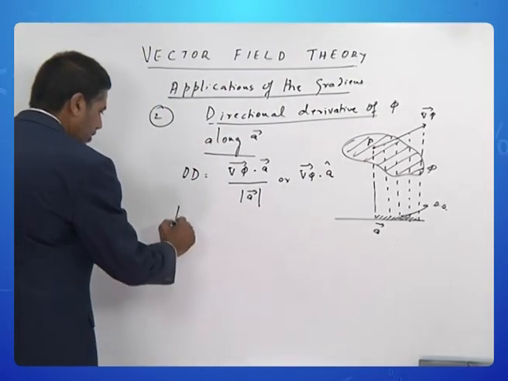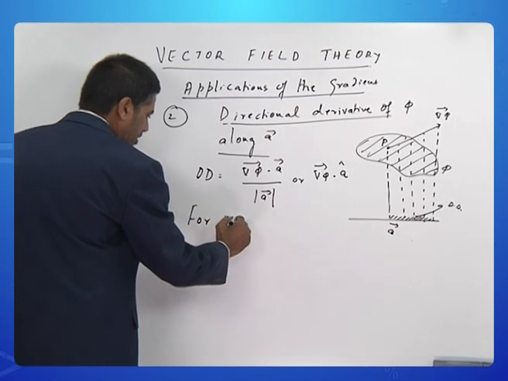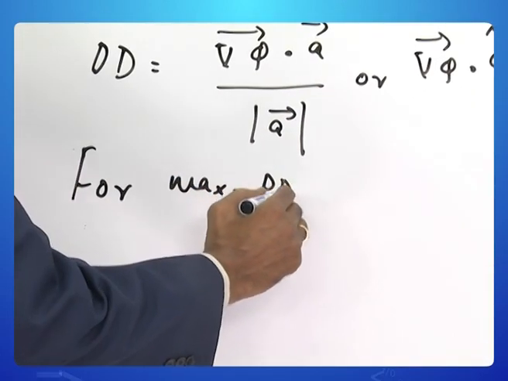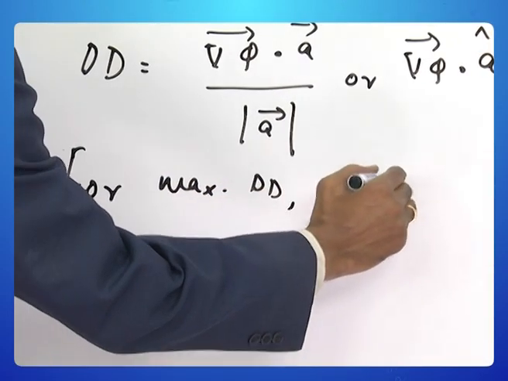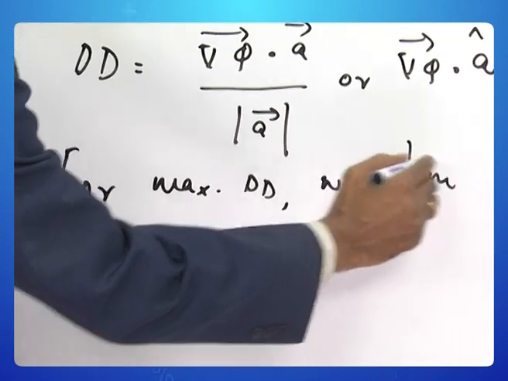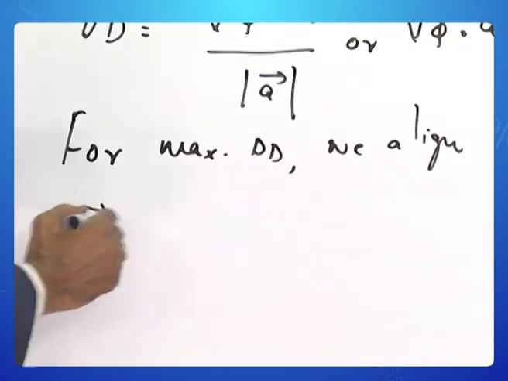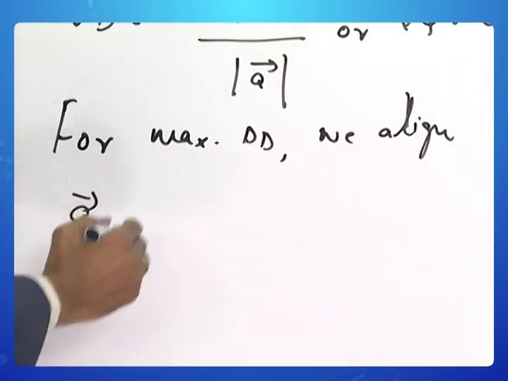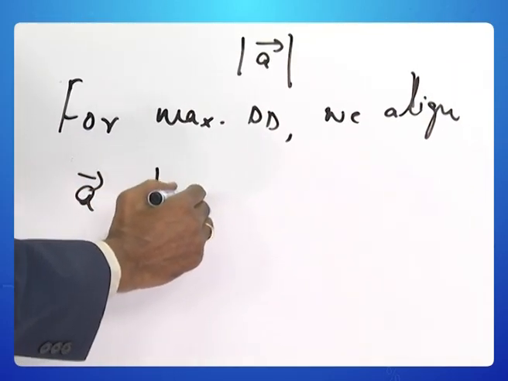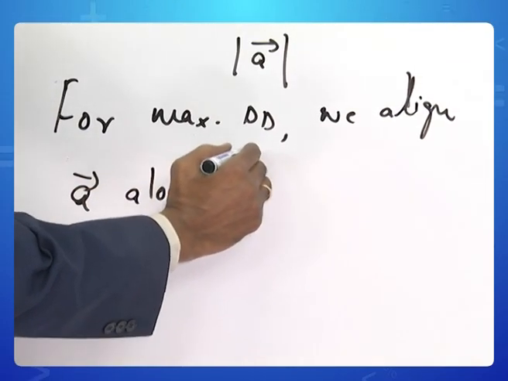So, for maximum directional derivative, we align vector A along del phi.